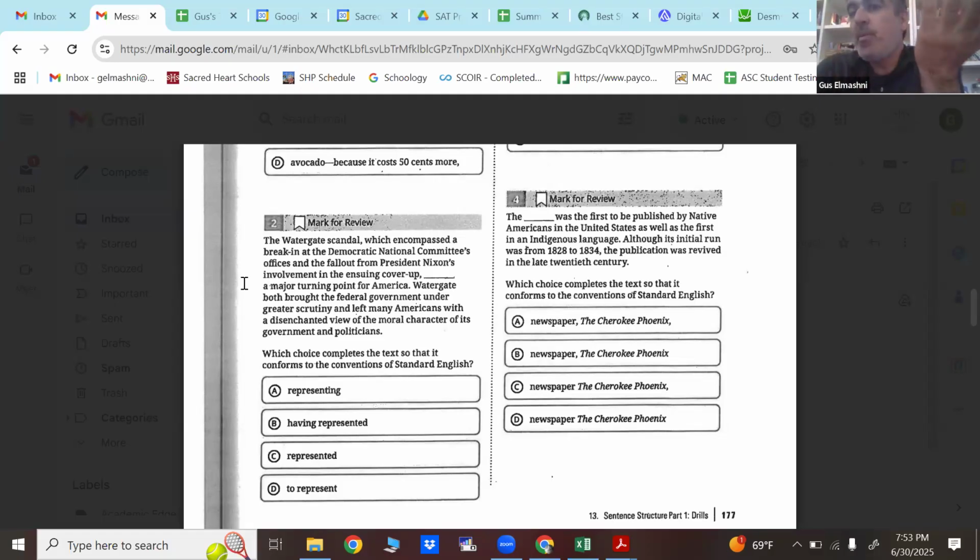You do need to know what newspaper we're talking about. Usually when you put a title before something, like if you said President of the United States Donald Trump visited California, you wouldn't put a comma between President and the name. You just say it all the way through whenever you put a title before someone's name or some entity.